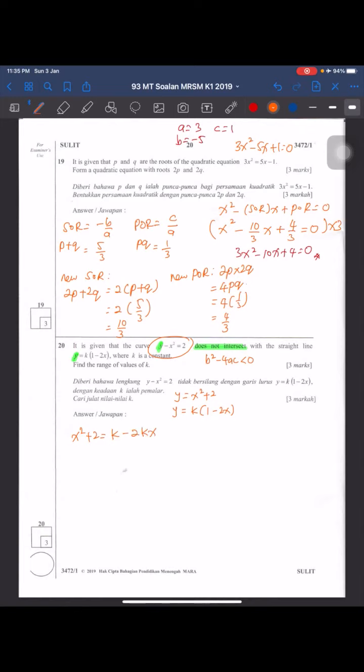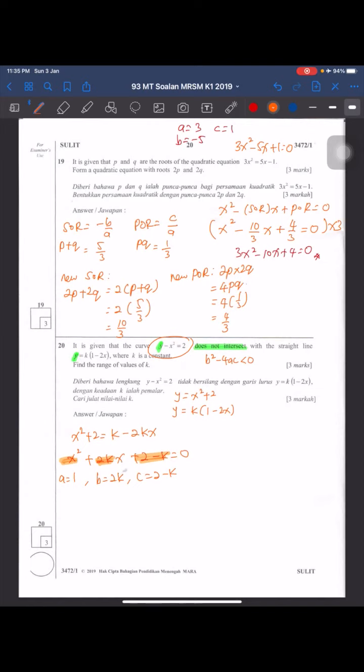Okay, so kita pindahkan. So x square plus 2kx plus 2 minus k is equals to 0. Okay, so from here kita boleh tengok, this is A, this is B, and this is C. So A is equals to 1, B is equals to 2k, C is equals to 2 minus k.